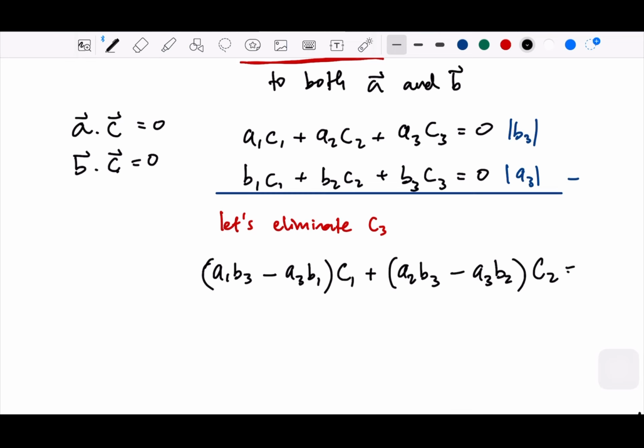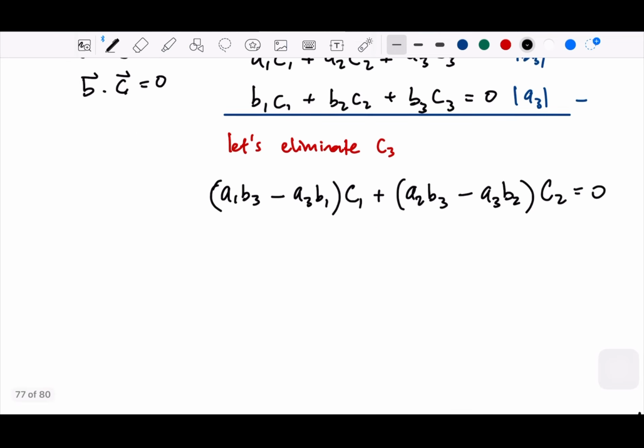This is for C2. This is equal to 0. And we get the result from this linear equation that C1 is A2B3 minus A3B2 and C2 is A1B3 minus A3B1.